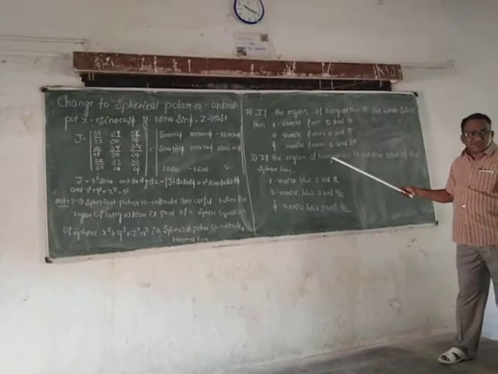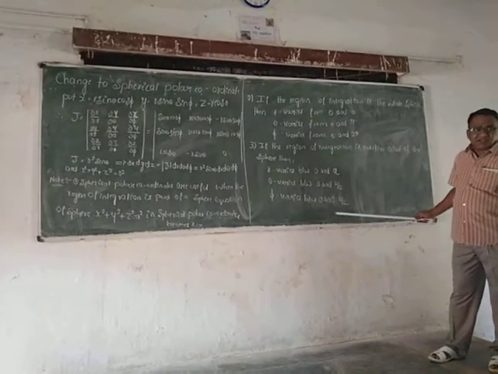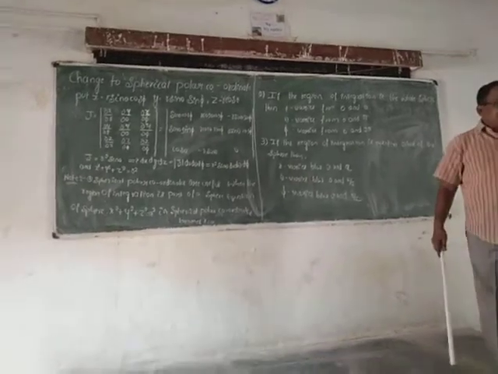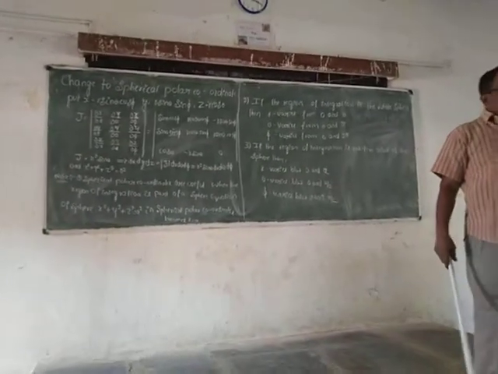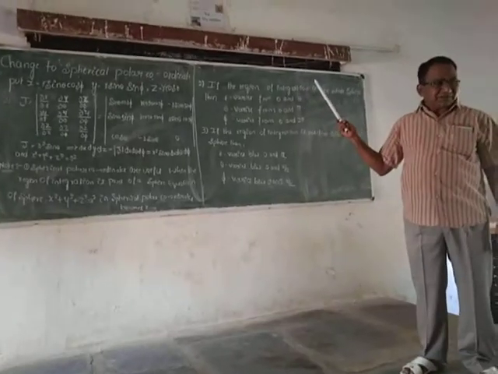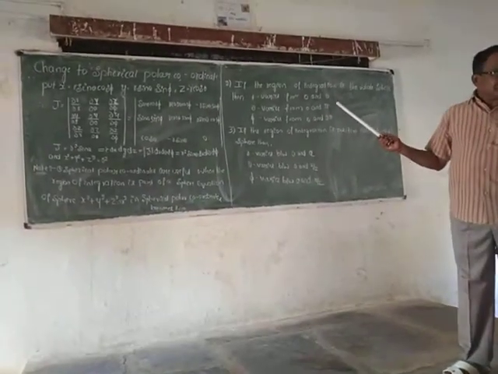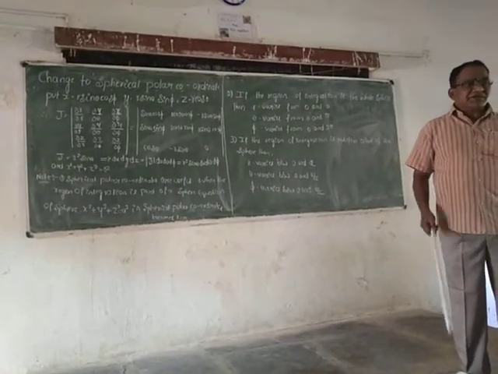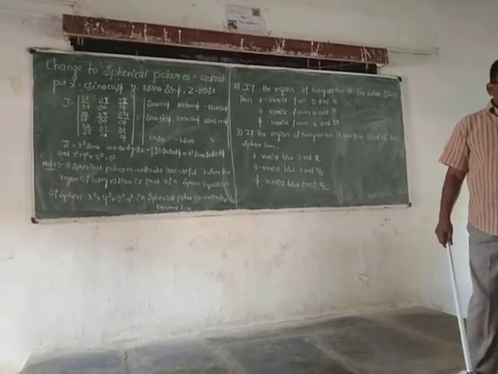Whereas if it lies in the first octant only, then r varies from 0 to a, and theta and phi vary from 0 to pi by 2. Similarly, if it is a whole sphere, then r varies from 0 to a, theta varies from 0 to pi, and phi varies from 0 to 2 pi. These points you have to remember.